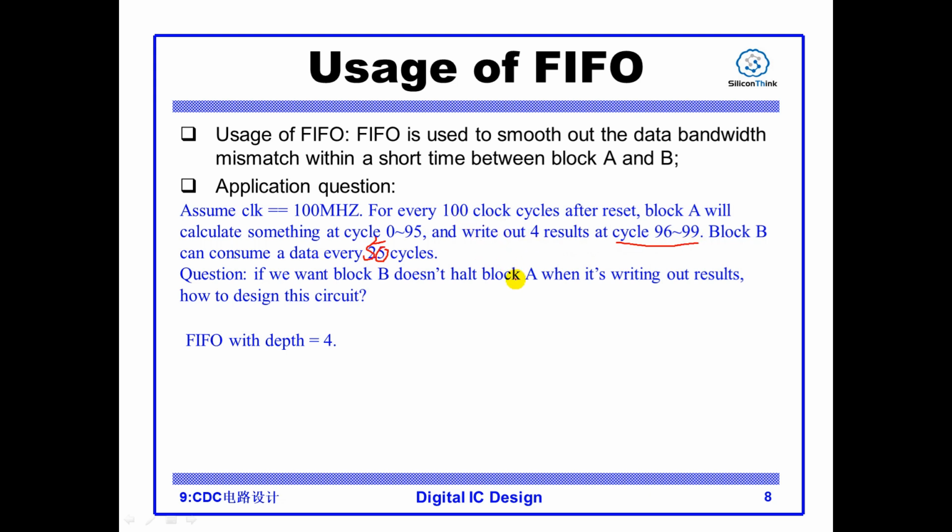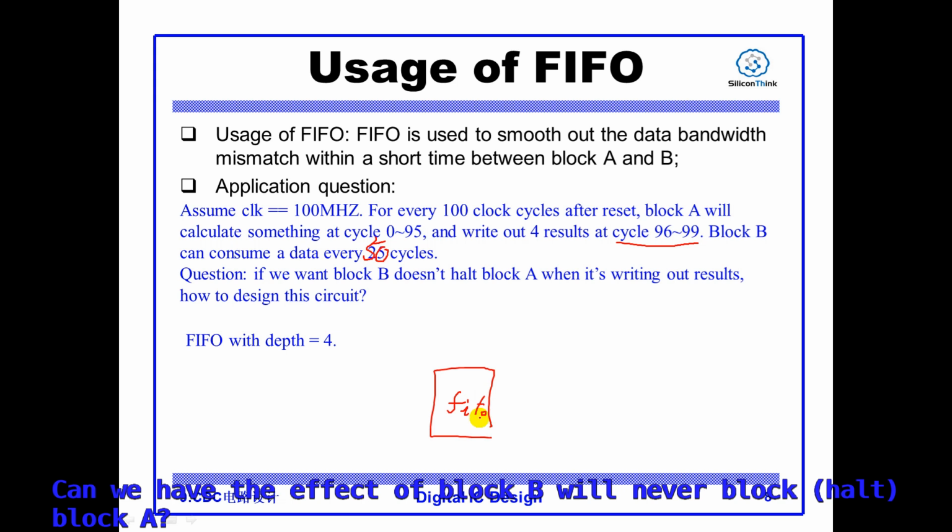For this situation, if we add a FIFO between them, can we have the effect of block B never blocking block A when they are working?